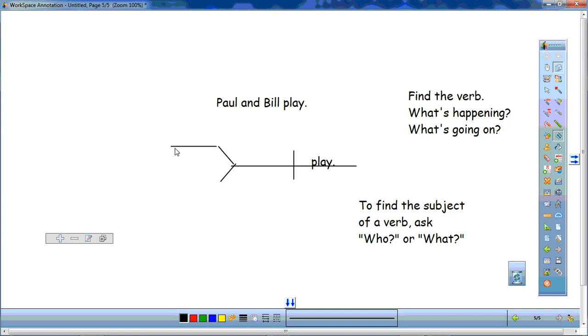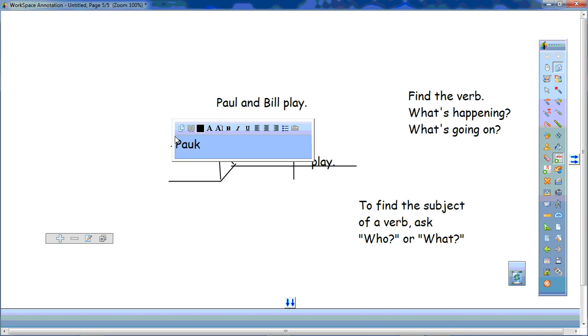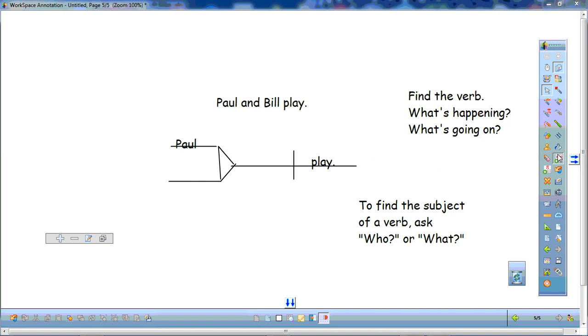So you just draw your branch like this, remembering that if there's a coordinating conjunction, and there usually is, we'll draw that line so we can write that there. And now we can go over and type in Paul. And down here we'll do Bill.